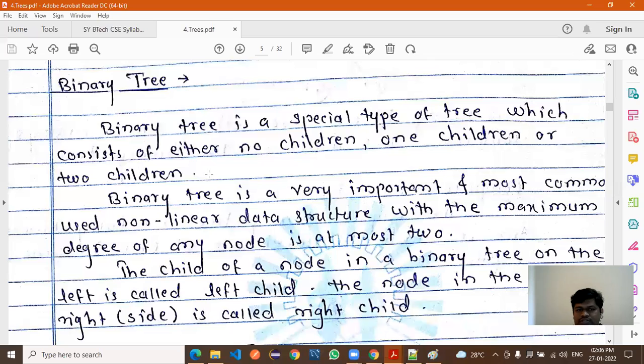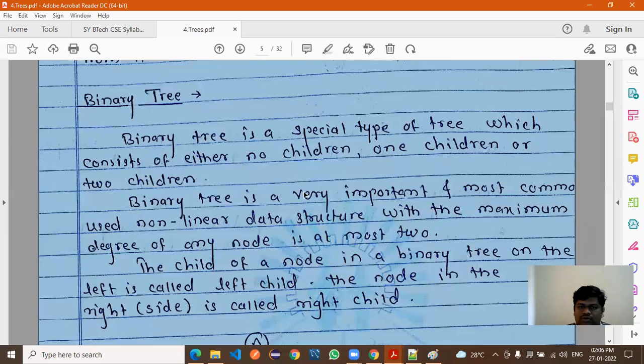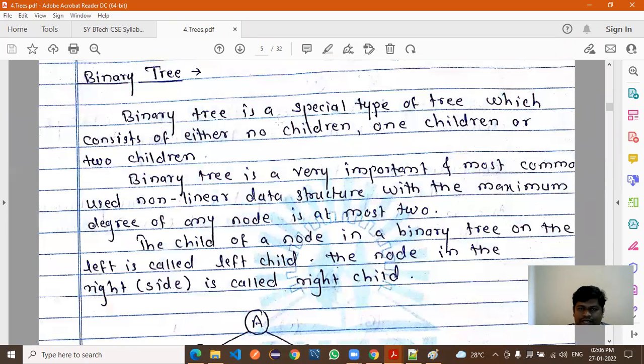Now we'll see the next concept, that is the binary tree. What do you mean by binary tree? A binary tree is a special type of tree which consists of either no children. All of you give attention here, this statement is very important in the case of a binary tree.